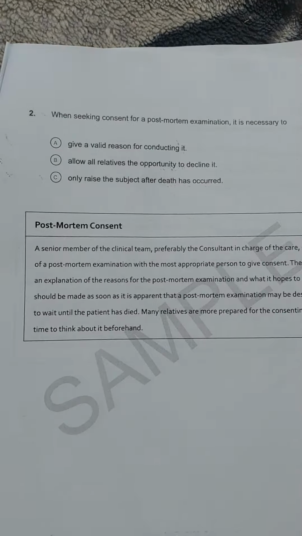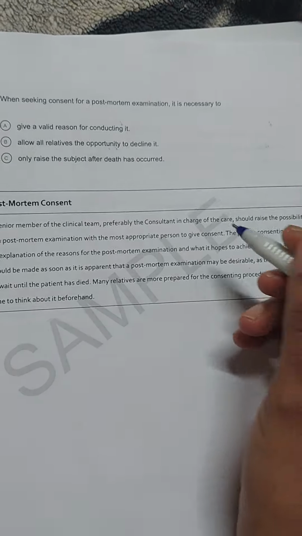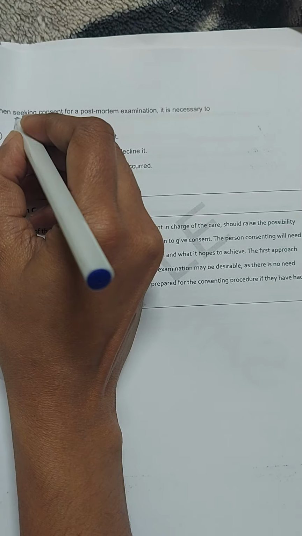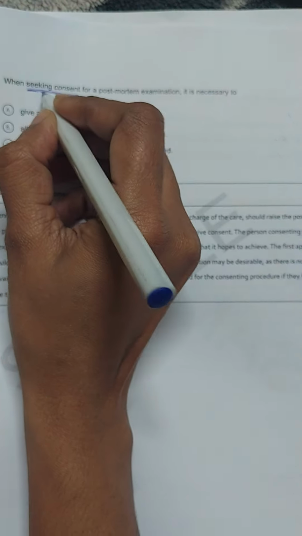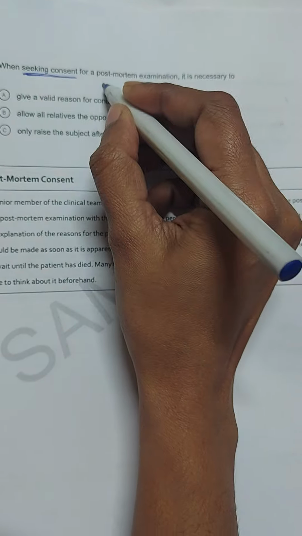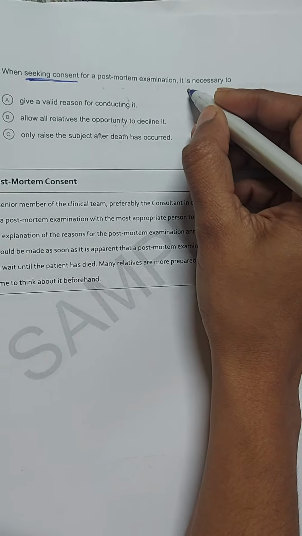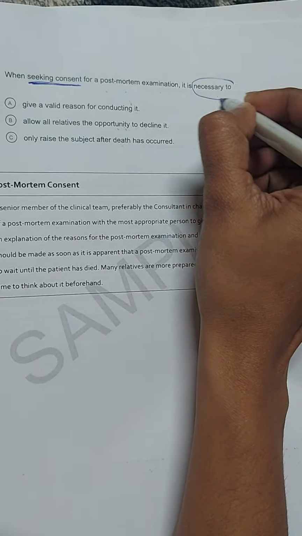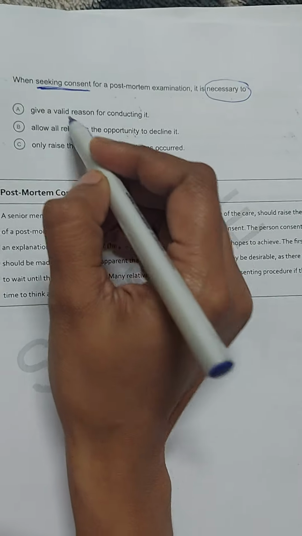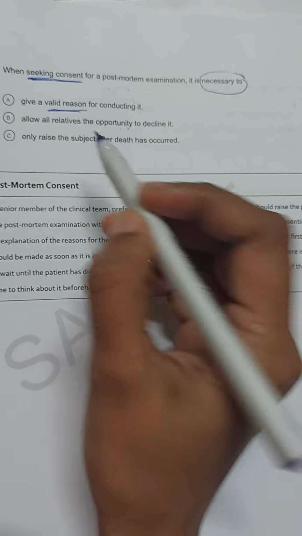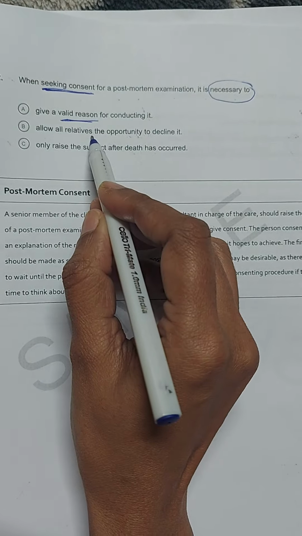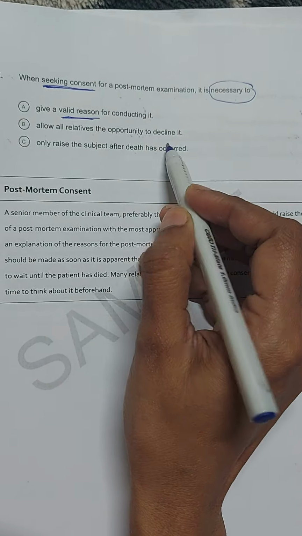Now for question number 2: when seeking consent, so it is mainly a condition. When seeking consent for a postmortem examination, it is necessary to give a valid reason, the reasoning part; allow all relatives the opportunity to decline it; or only raise the subject after the death.